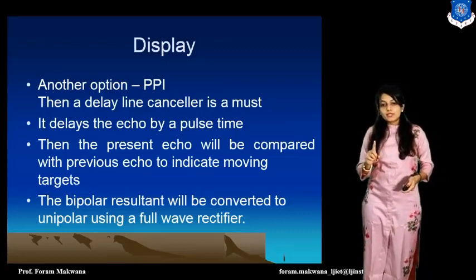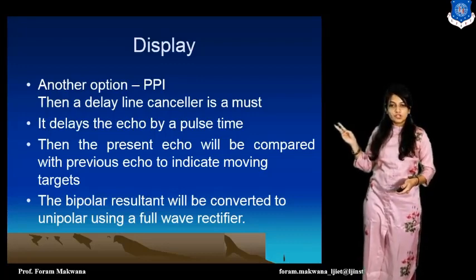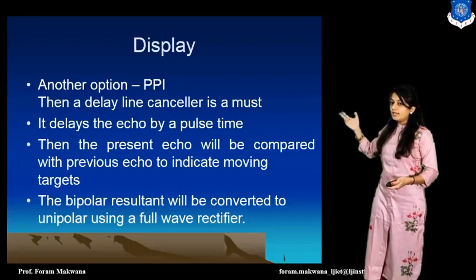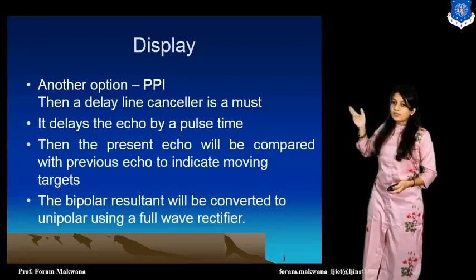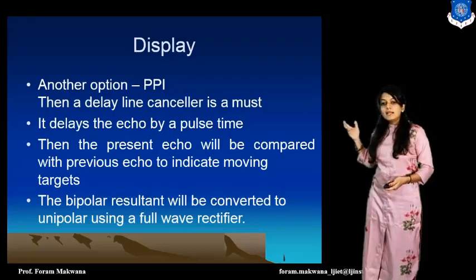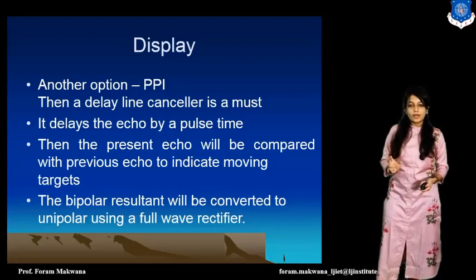The first option is the A scope, and the second option is a PPI, that is a plan position indicator, or we can say the pulse position indicator. So basically, we can also opt for the second option, a PPI. For that, the delay line canceller is a must. Why?